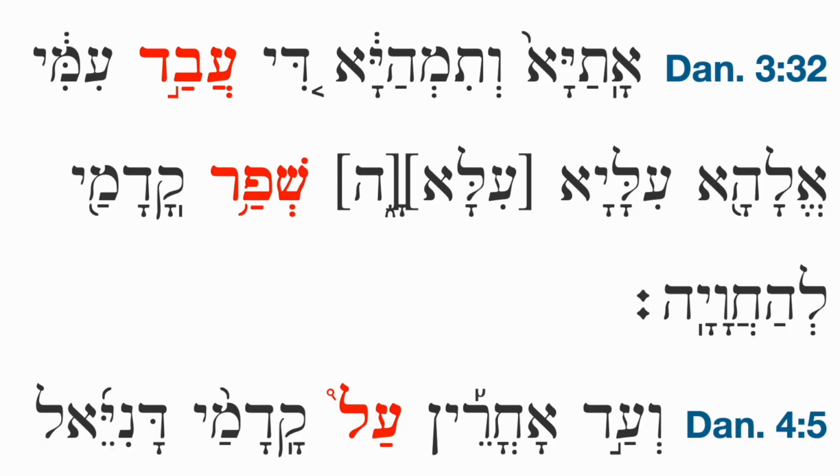The Most High God did with me. If you want to be hyper-literal, shefar kodamai, it was pleasing before me, lehachvaya, to show. It was pleasing before me to show, or it has seemed good to me to show. And so avad is the first guttural verb. It has the compound schwa. Shafar does not. It has a strong first letter, and therefore it just gets a simple schwa in the first syllable.